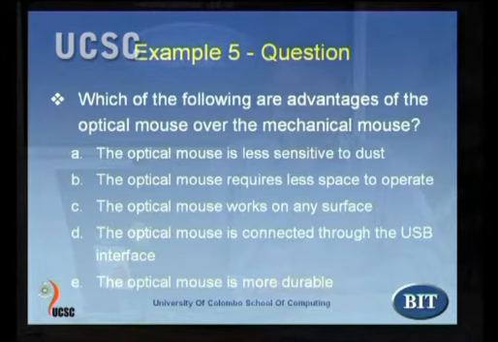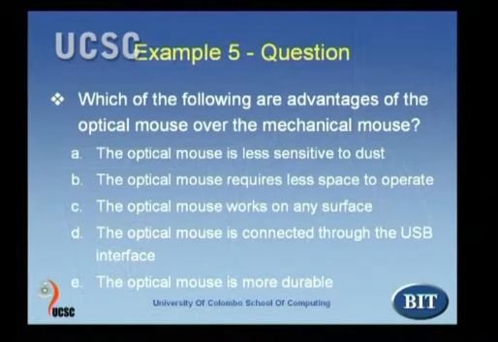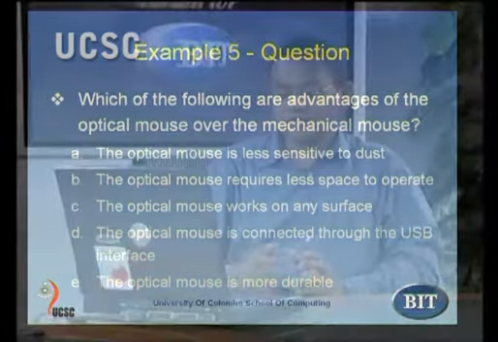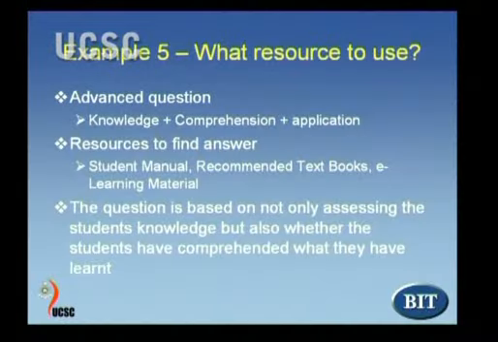So here we have 5 statements, and the first one is the optical mouse is less sensitive to dust, the optical mouse requires less space to operate, the optical mouse works on any surface, the optical mouse is connected through a USB port, and the optical mouse is more durable. So if we look at this, here we especially see whether they have the knowledge, whether they have understood it, and also whether they have the application knowledge.